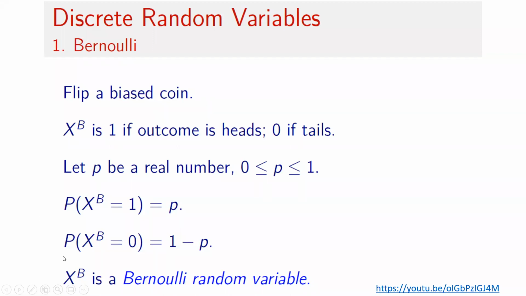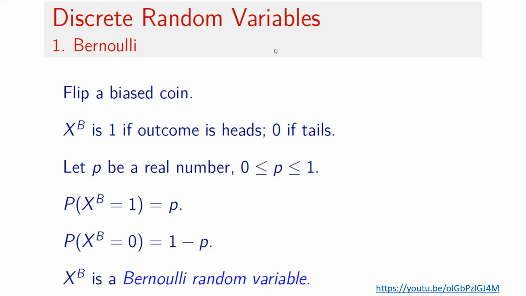So, on the other hand, if the probability of X subscript B equal to 1 is equal to p, we can say that the probability of X subscript B equal to 0 is equal to 1 minus p.